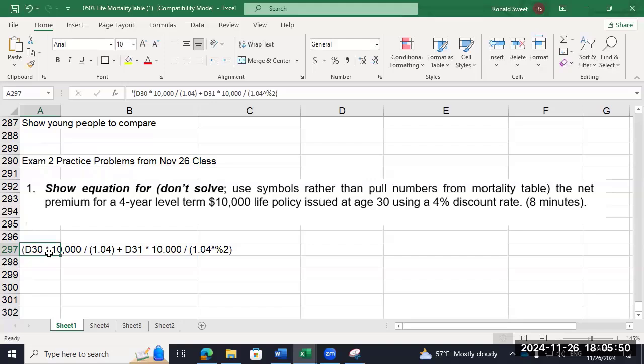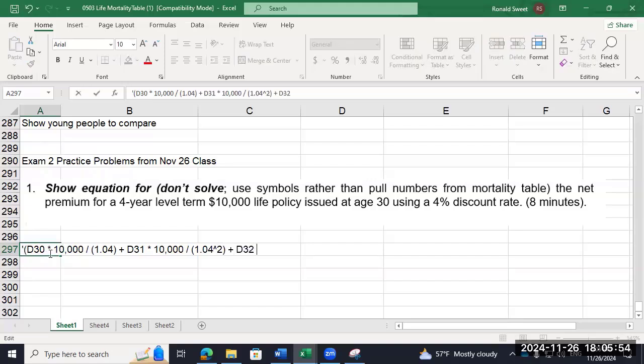Is all that making sense? Plus D32 times 10,000 divided by 1.04 to the third. Plus D33 times 10,000 divided by 1.04 to the fourth. That should be your numerator.